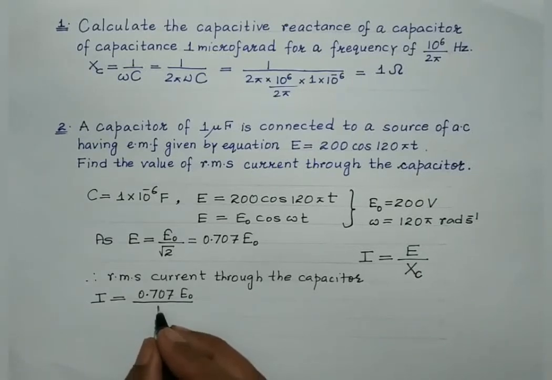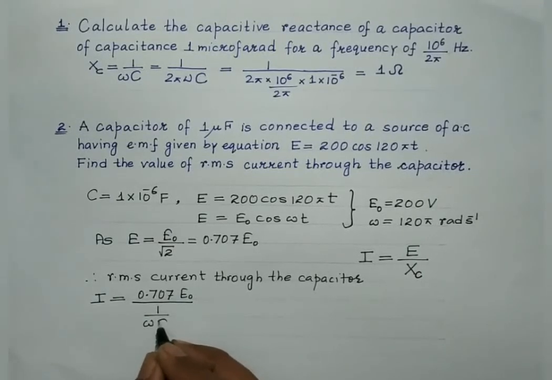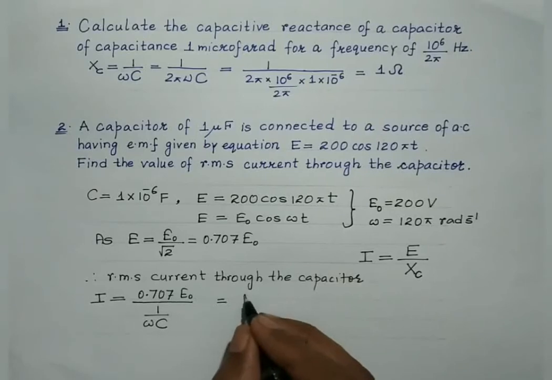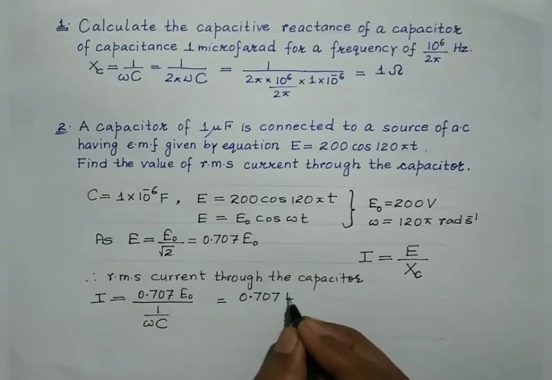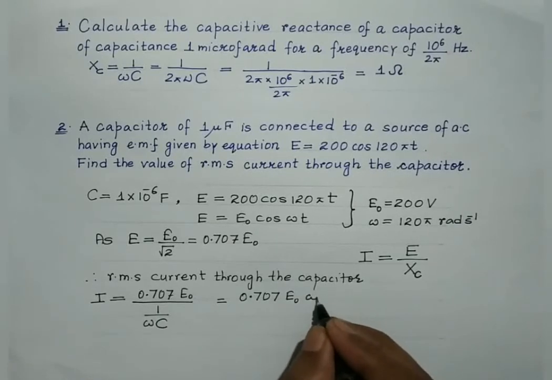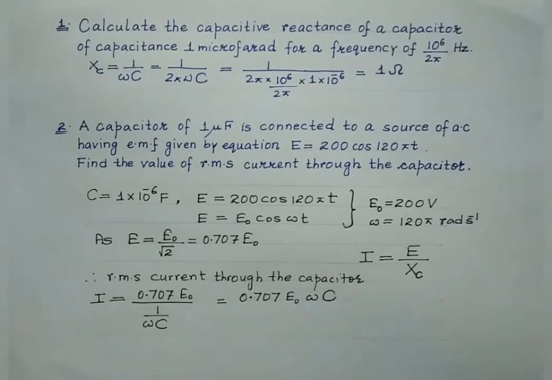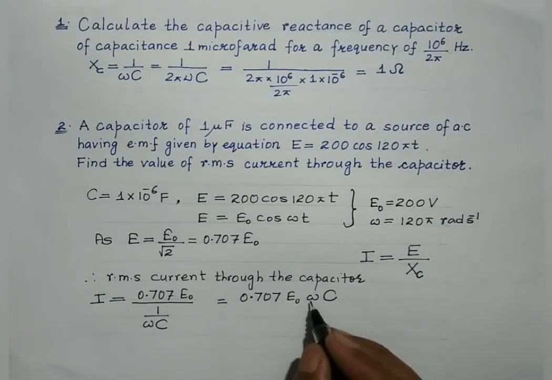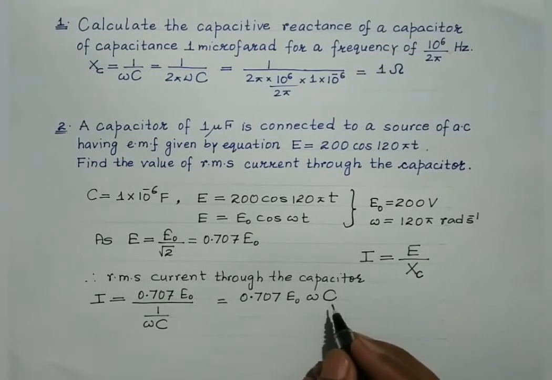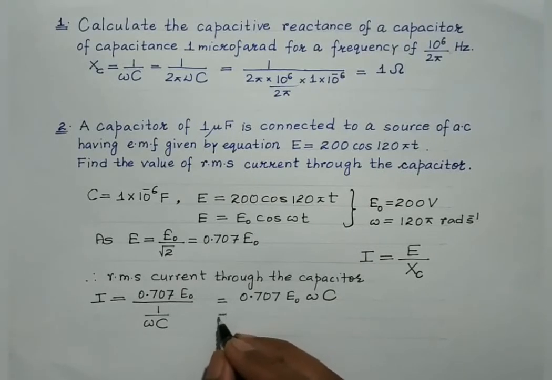It's equal to 1 by omega C. We all are aware of it. So that will give us 0.707 into E naught into omega C. Right? So now, last step, we need to substitute the value of angular frequency and the capacitance. That will give us the result.